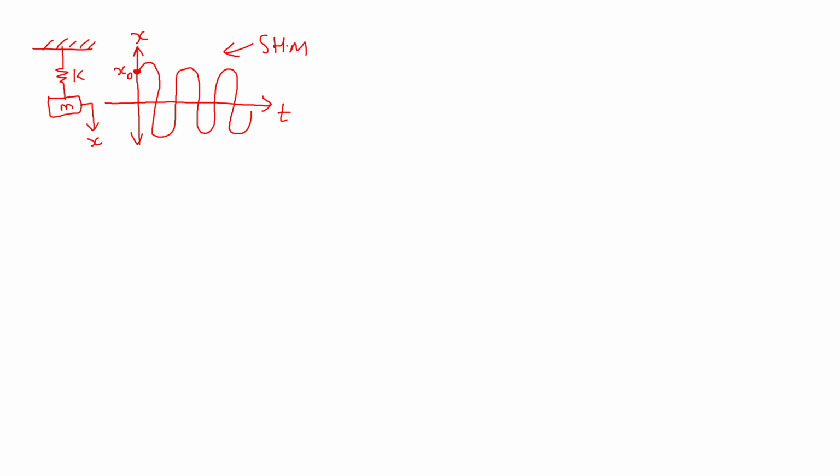SHM motion we have already defined: the motion which repeats itself after equal interval of time. That is called SHM motion, or periodic motion. So this is the response for the given system. For example, we will consider this as 1.